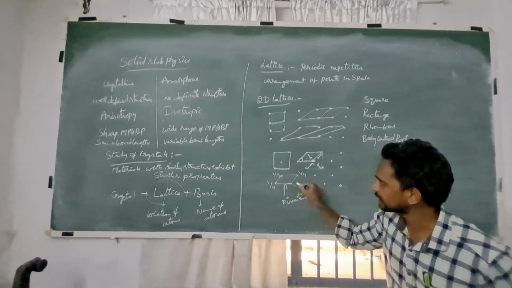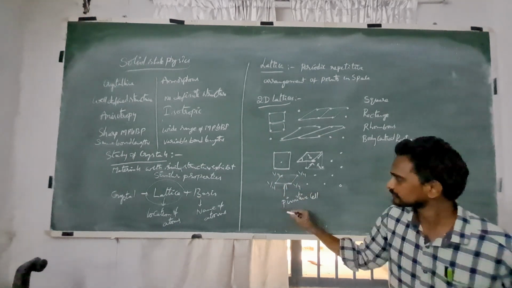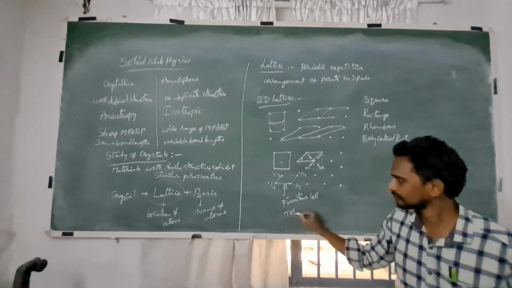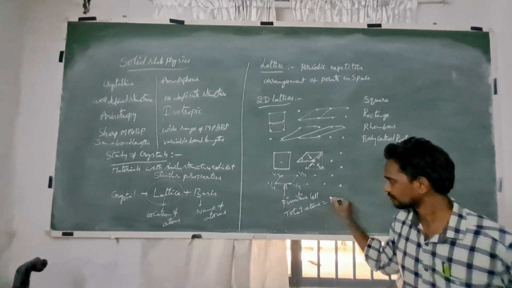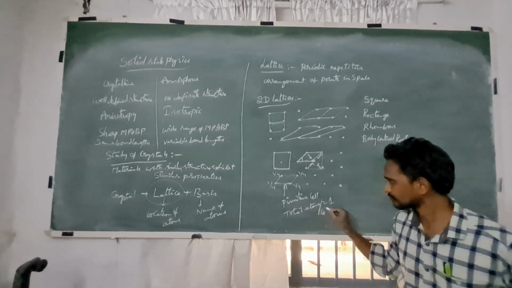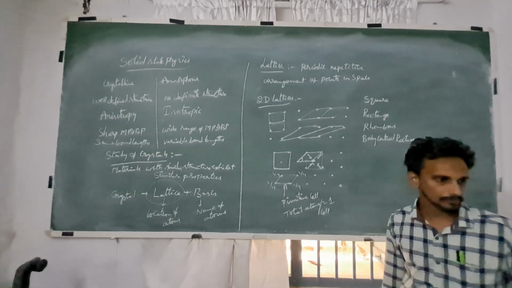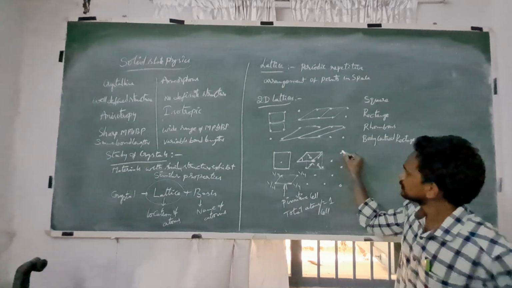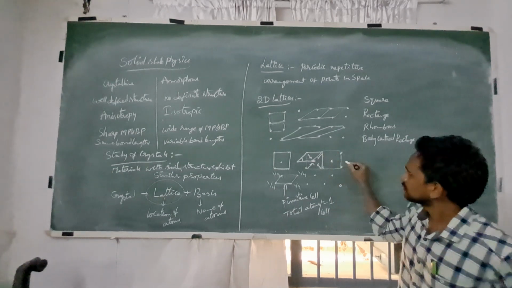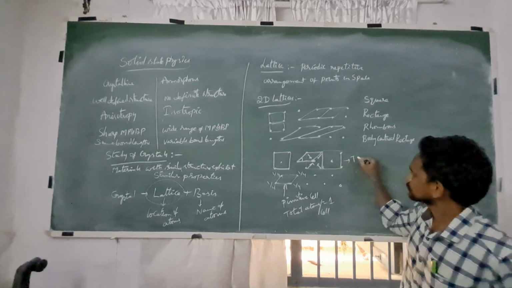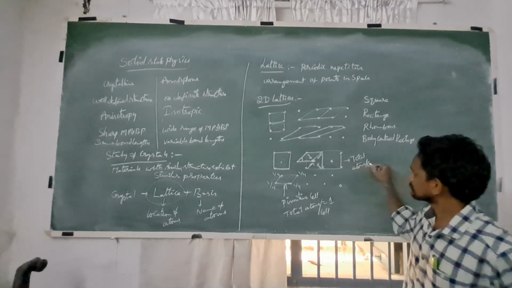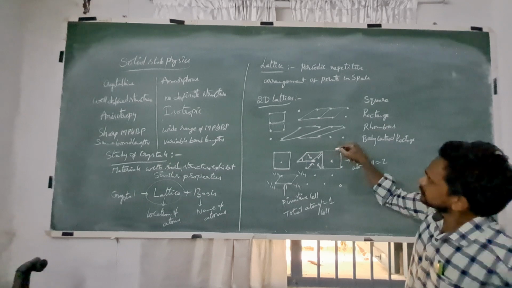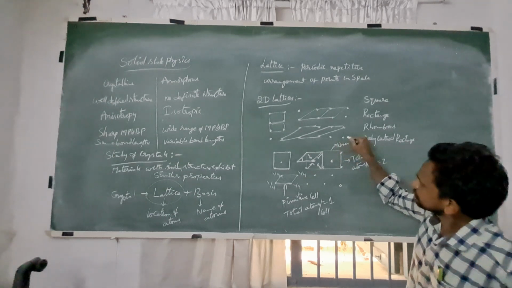The total number of atoms in the cell is 1. Whereas here, the total atoms are 2. And this is called a unit cell.